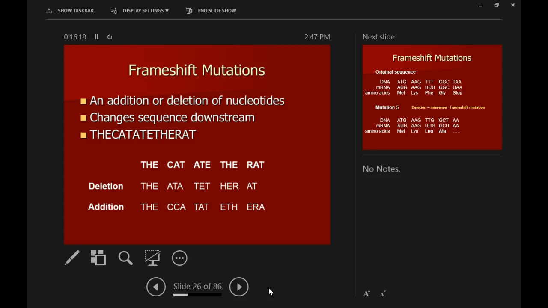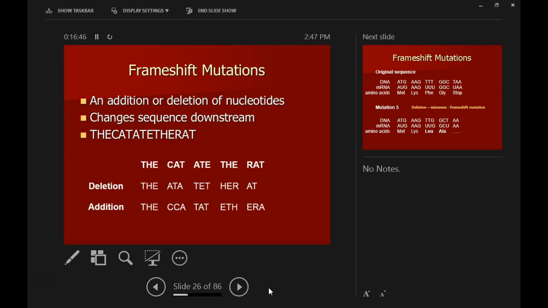Those words are right next to each other. So if you insert or delete any of those letters in the words, you end up getting everything shifting to the left or everything shifting to the right. We say that there's been a shift in the reading frame. That's why we call it a frame shift.